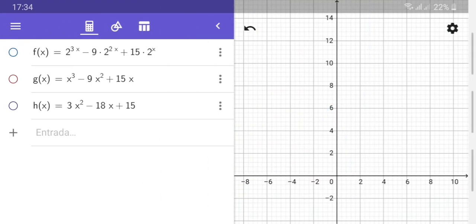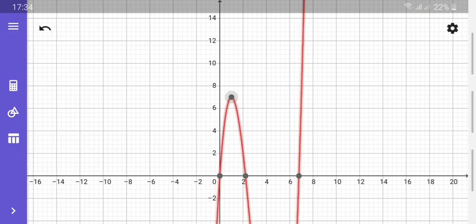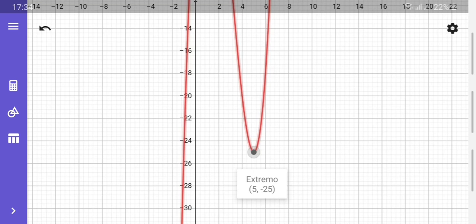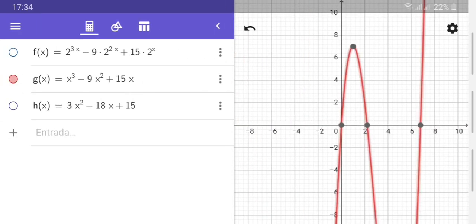And now let's look at g of x, which was when we put the other name. So it has a maximum in 1, 7, and the minimum in where? 5 and minus 25, just as we did.